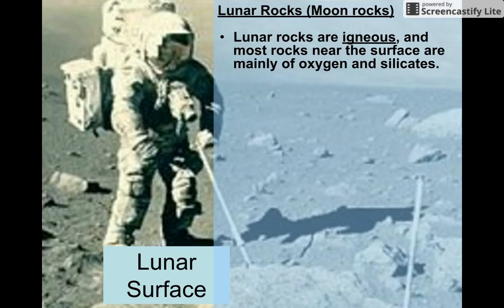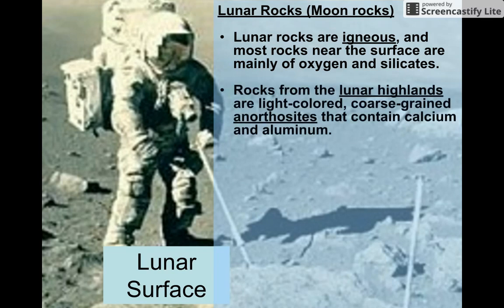The lunar rocks are igneous, and most rocks near the surface are mainly oxygen and silicates. Rocks from the lunar highlands are light-colored, coarse-grained anorthosites with more calcium and aluminum.